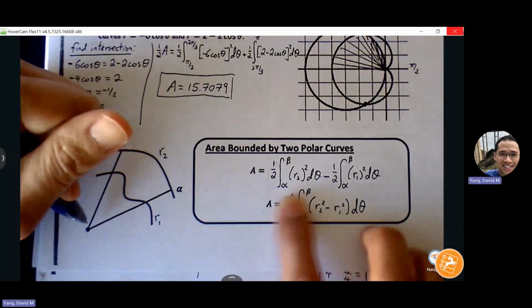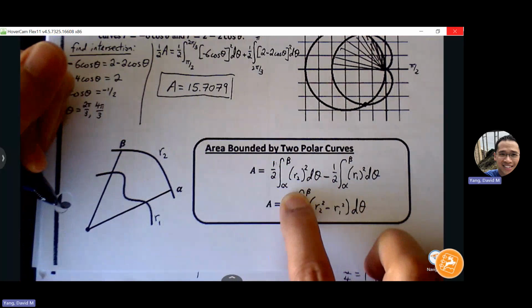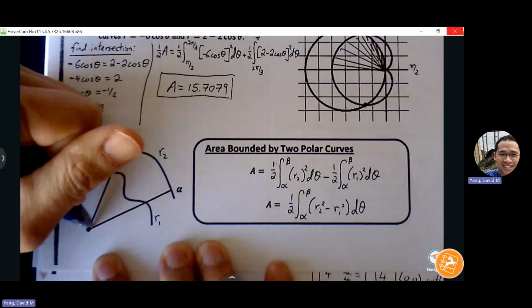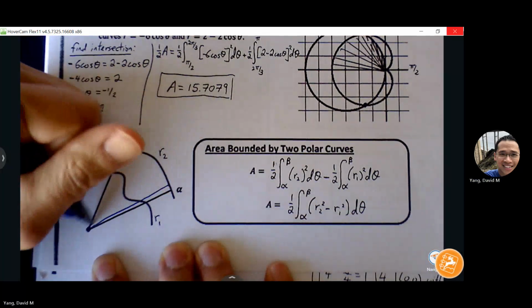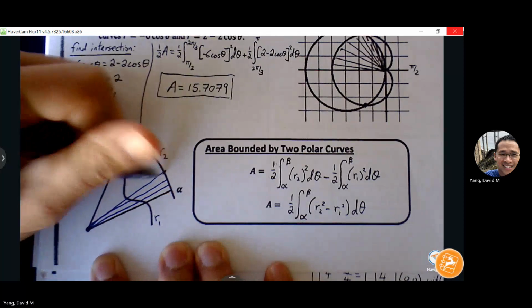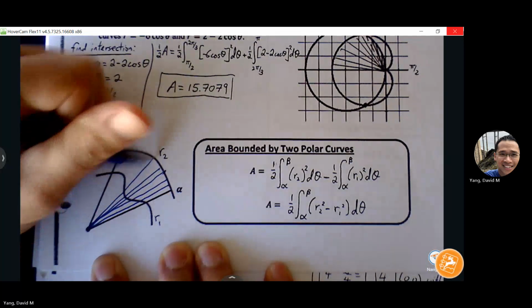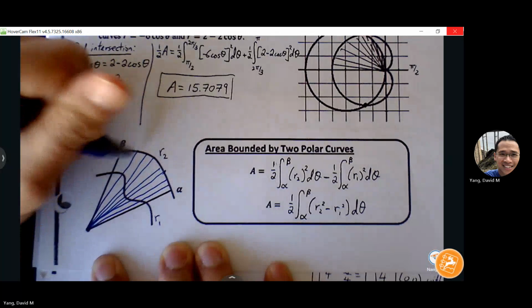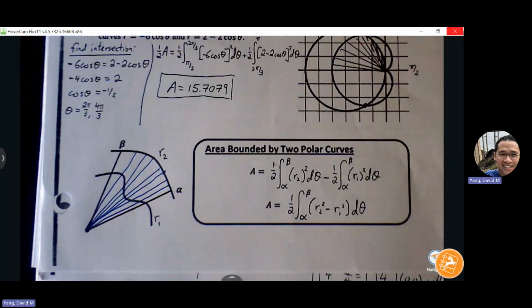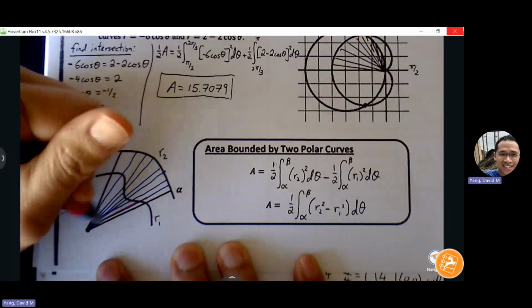So for instance, this first integral will get us this full area. And then the second integral will subtract out this inner portion.